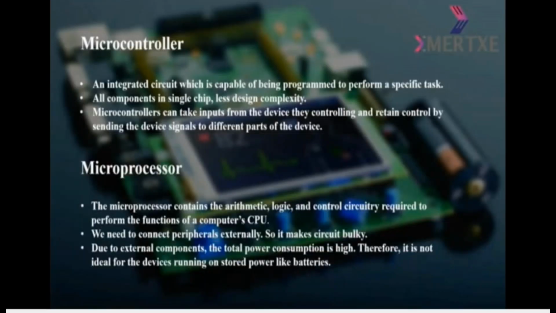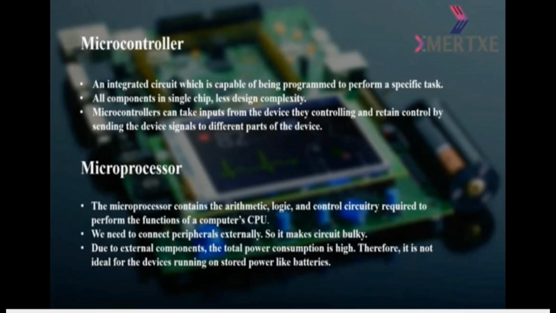The next topic is microcontroller and microprocessor. A microcontroller is an integrated circuit which is capable of being programmed to perform specific tasks. Microcontrollers can take input from the device and retain control by sending signals to different parts of the device.